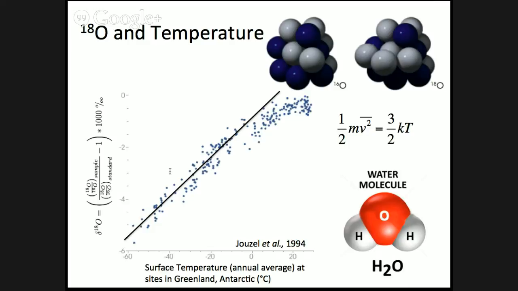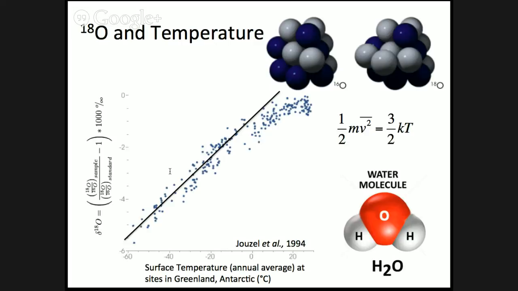So when the ice evaporates, this lighter one tends to escape. Then this heavier one is more lazy and tends to stay in the ice. So the higher the temperature, the more strength of the evaporation, then the more this lighter one escapes. Then relatively more of this heavier one stays in the ice.